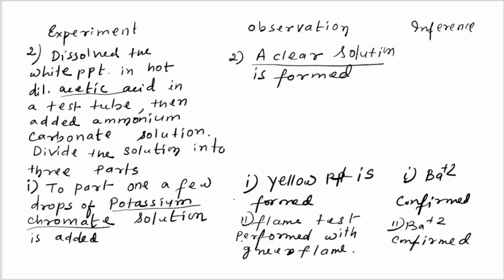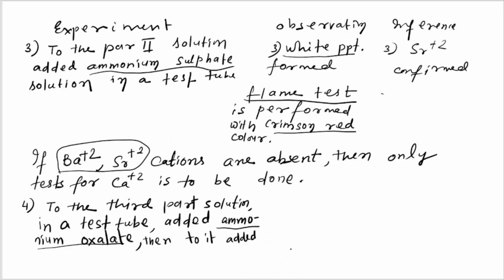Remember, this is very important: the color of the flame for Ba+2, Sr+2 and Ca+2. For Ba+2, green flame. Similarly, ammonium sulfate gives a white precipitate, and the flame test is crimson red for Sr+2.